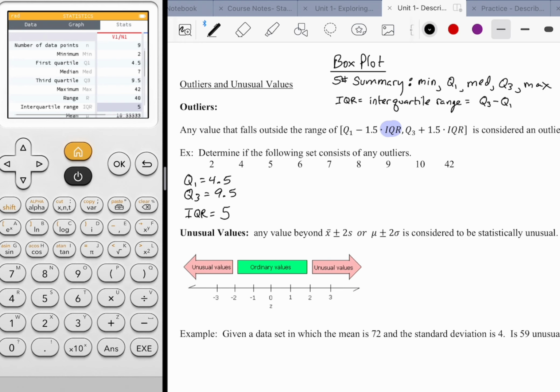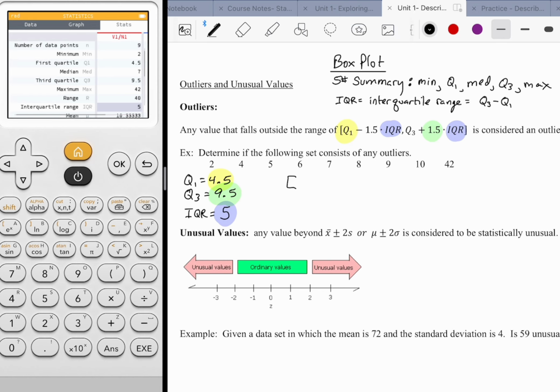So looking at this formula, it's an intimidating looking formula, but it's really not bad, because all I'm doing is replacing the Q1 with a 4.5, the IQR with a 5. That happens twice, and the Q3 I'm replacing with a 9.5.